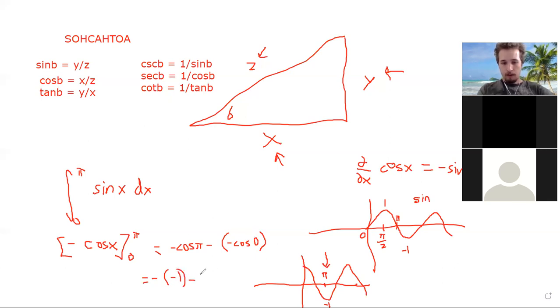And can you tell me what the value is of cosine of 0? Oh yeah, you're right. So this becomes a positive 1. And then these two negatives become a positive. And the cosine of 0, if we take a look at the graph, is 1. So we get 1. So the value of this integral turns out to be 2.